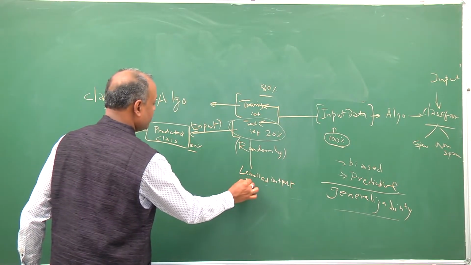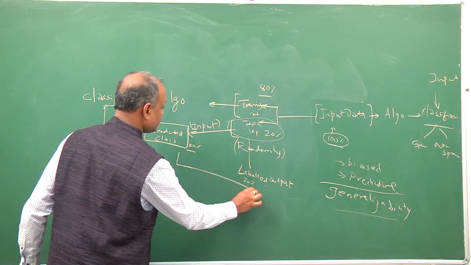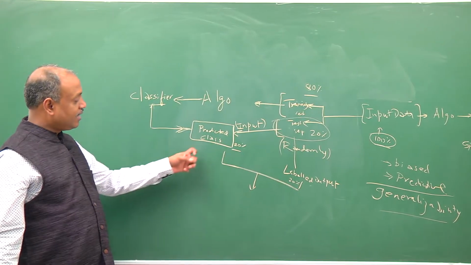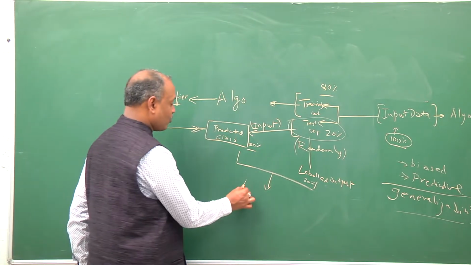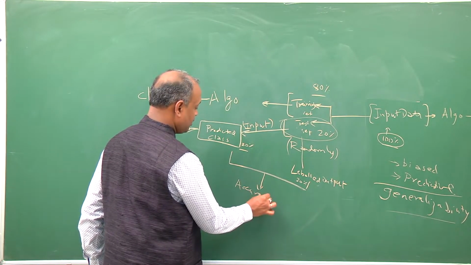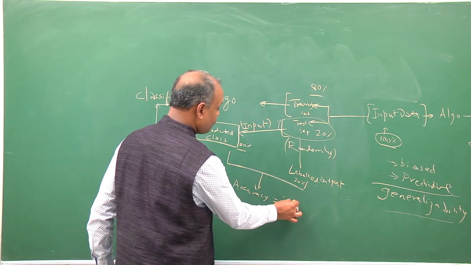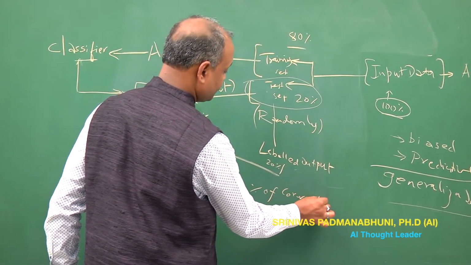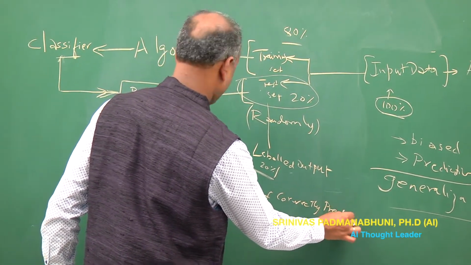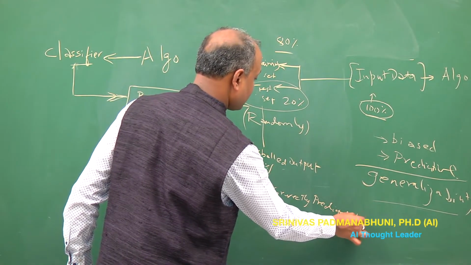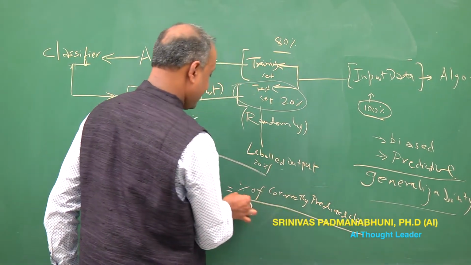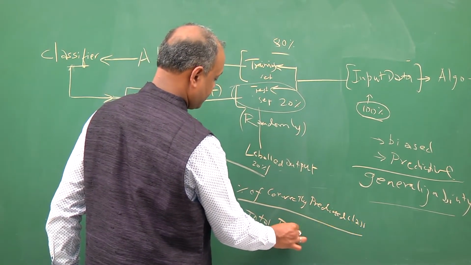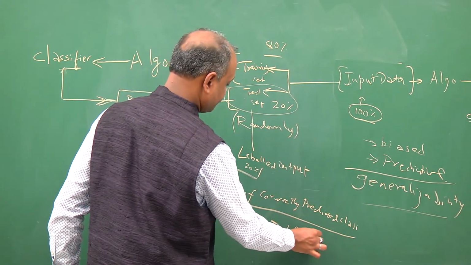Now what you can do is match the two and come up with a notion of accuracy. That means, what is the percentage of correctly predicted class by total test set size?